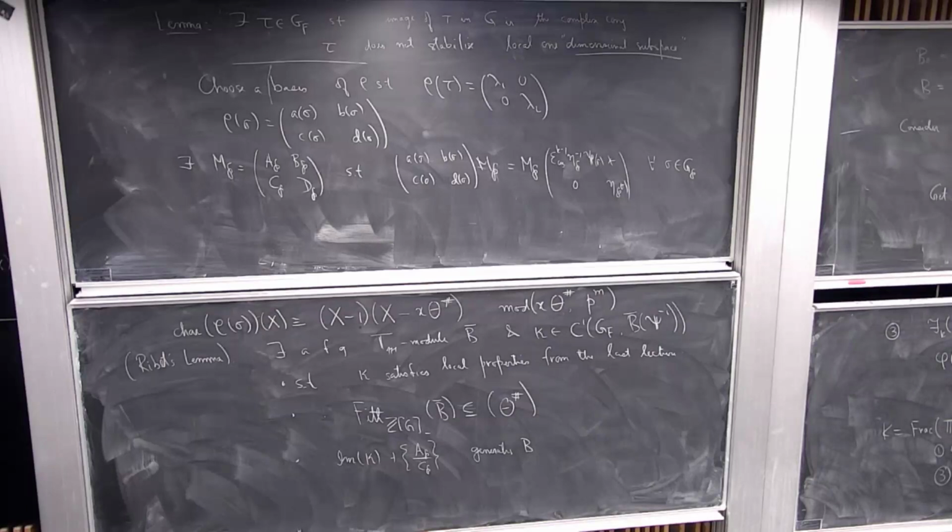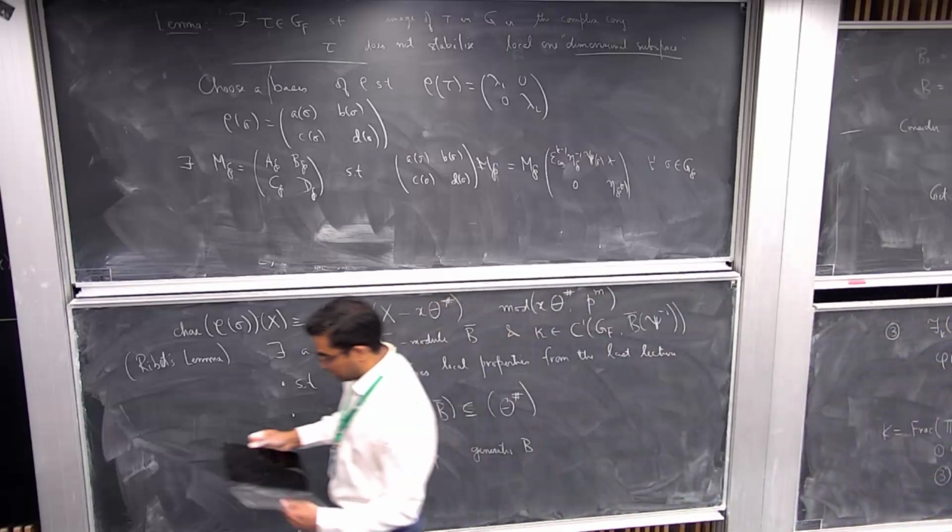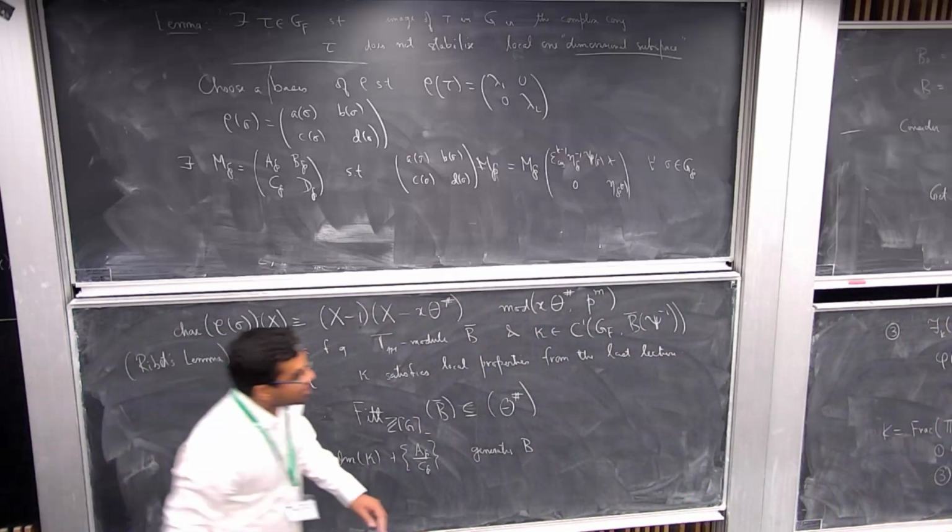So I is the kernel of this map phi from TM to W, and B bar is B modulo IB, and then also the inertia subgroups at P. Thank you for asking that, because I was wondering what I wanted to say. Yeah, the last thing I wanted to say.